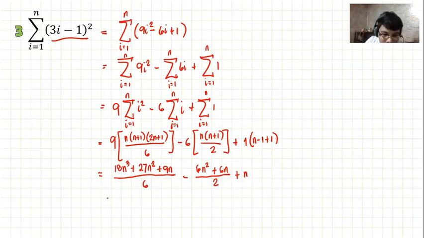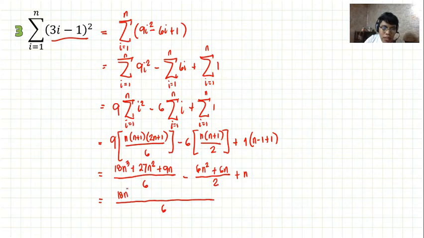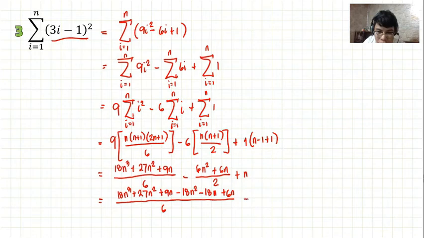Then let's simplify further. What is the LCD? This is 6, right? So, over 6 na lahat. So, we have 18n cubed plus 27n squared plus 9n, minus 18n squared minus 18n, then plus 6n. Okay, so from that, we can now simplify this to 18n cubed plus 27n squared minus 18n squared, so that is 9n squared, right?